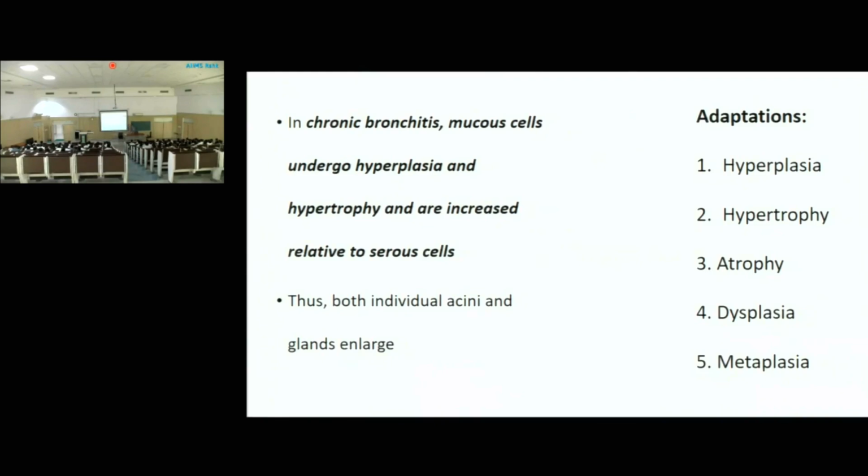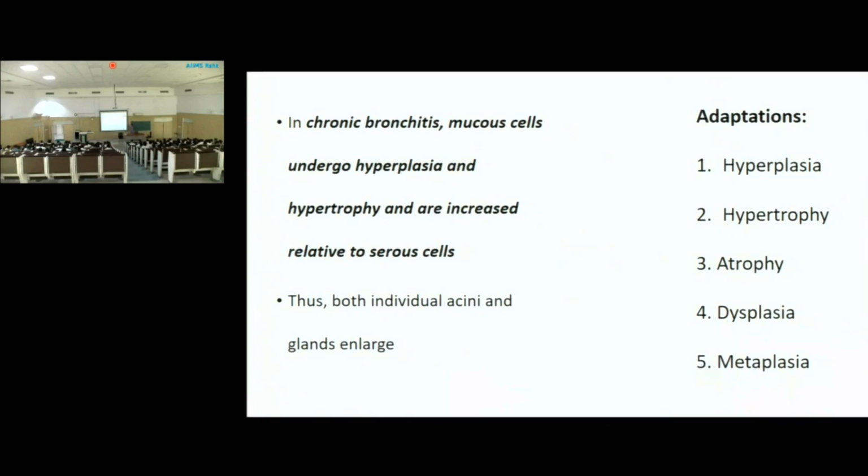So what happened? This chronic irritation from substances like tobacco and air pollution will cause irritation of this mucosa. This mucosal irritation causes hyperplasia because, as we have seen in cellular adaptation, whenever there is injury or irritation, the cell will undergo 5 types of adaptation: atrophy, hypertrophy, hyperplasia, dysplasia, or metaplasia.